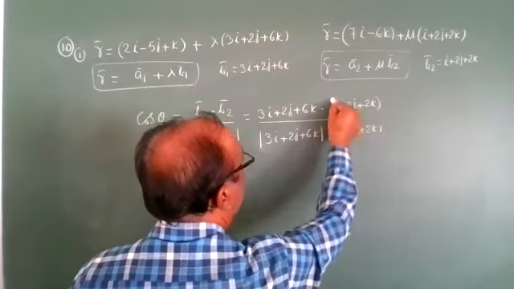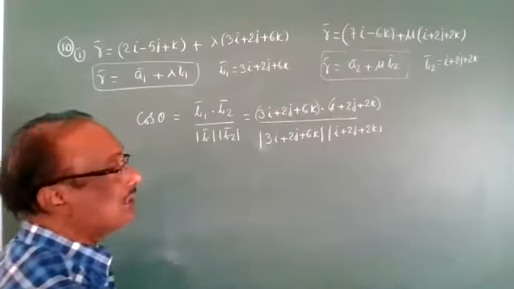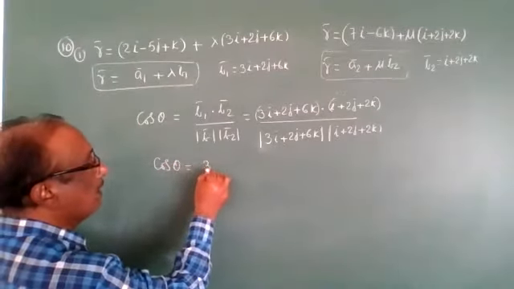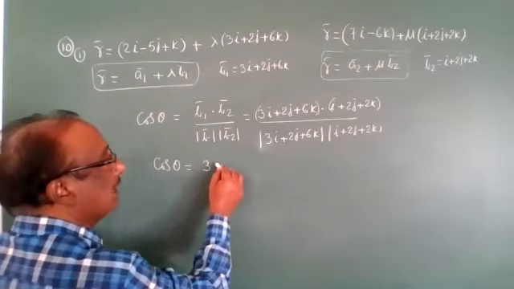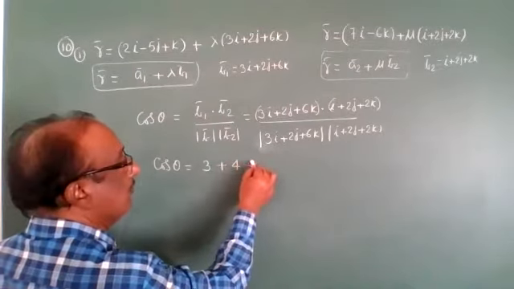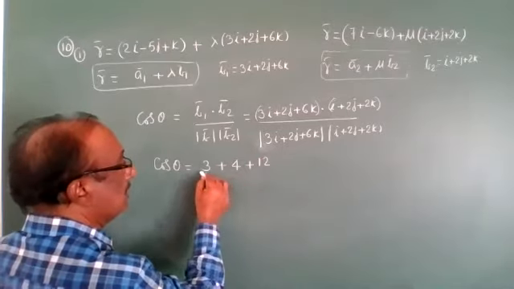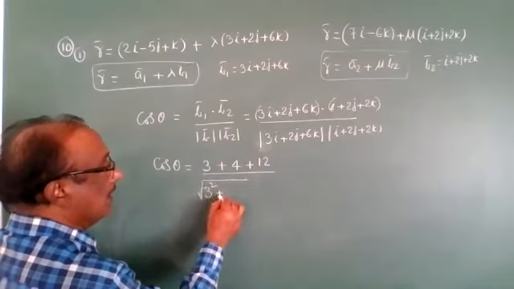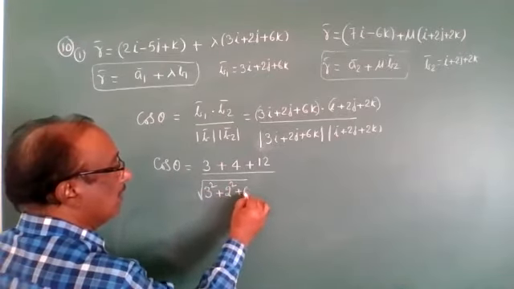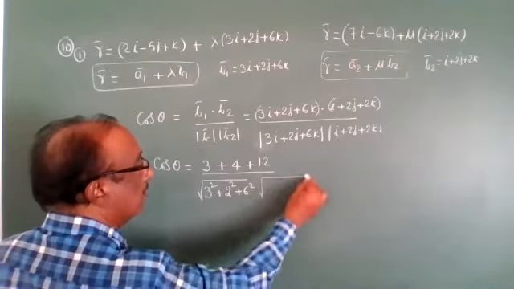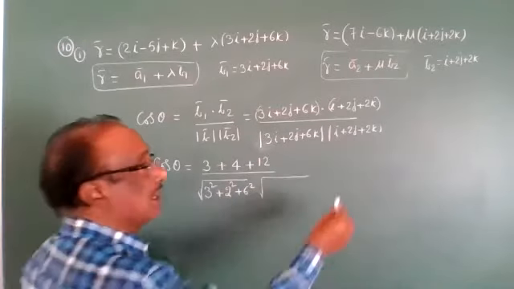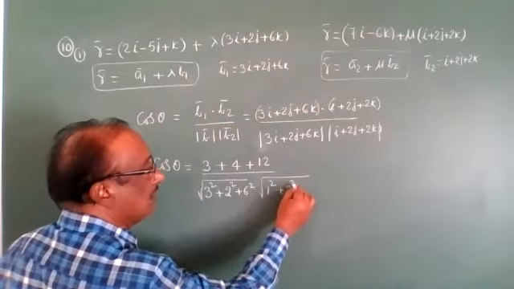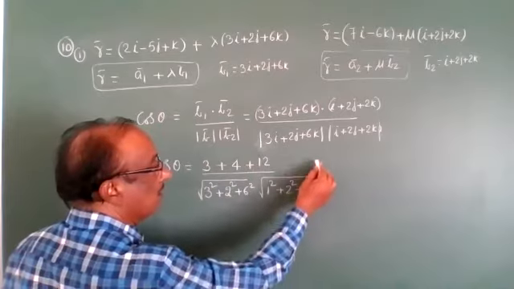Dot product is i component multiplication, j component multiplication, k component multiplication. So the numerator is 3, 4, 12. For the first modulus, root over i component square plus j component square plus k component square. For the second modulus, i component square is 1 square, j component square is 2 square, k component square is 2 square.